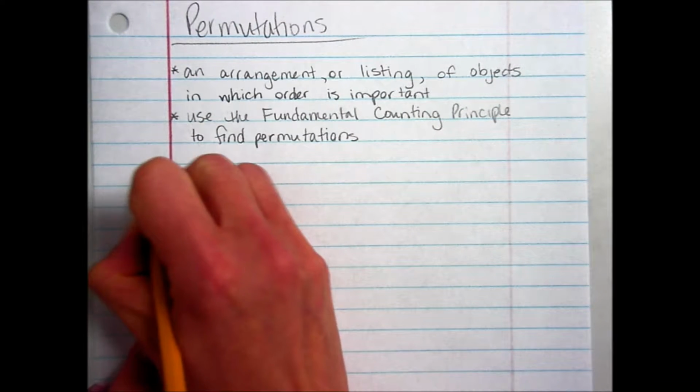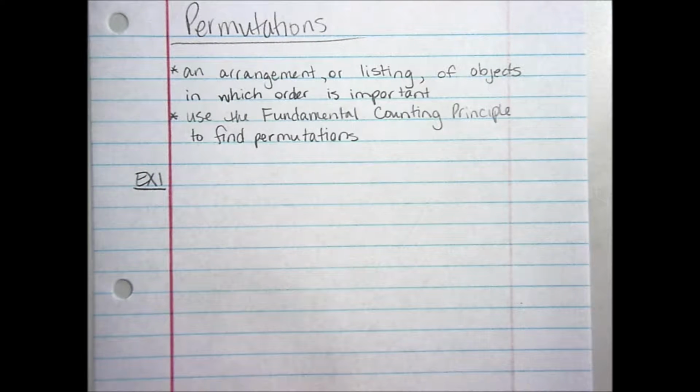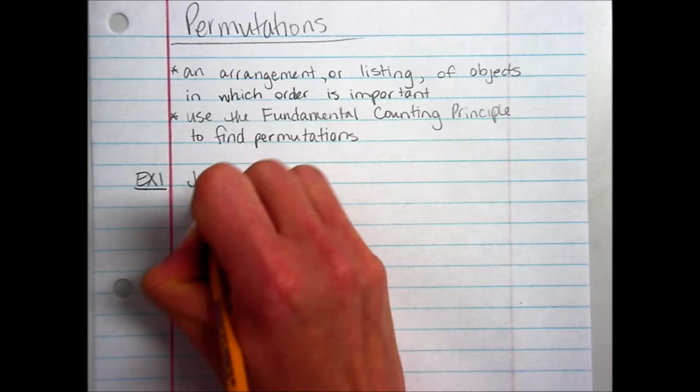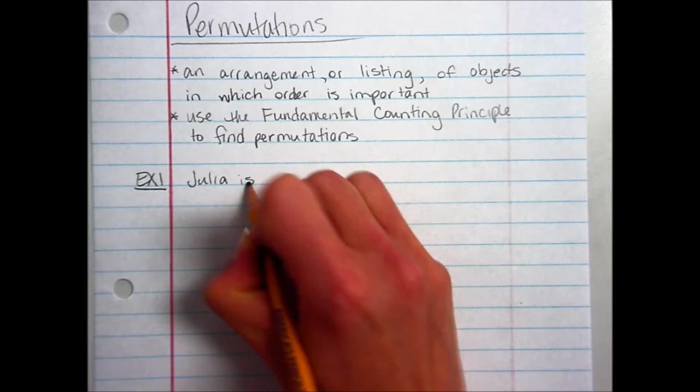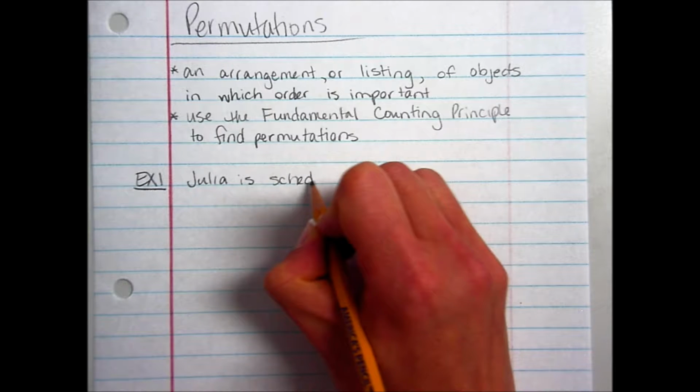Alright, so let's get into some examples. Julia is making her class schedule. So it sounds like she must be in college where you get to pick your classes. Maybe you can do some of that in high school.